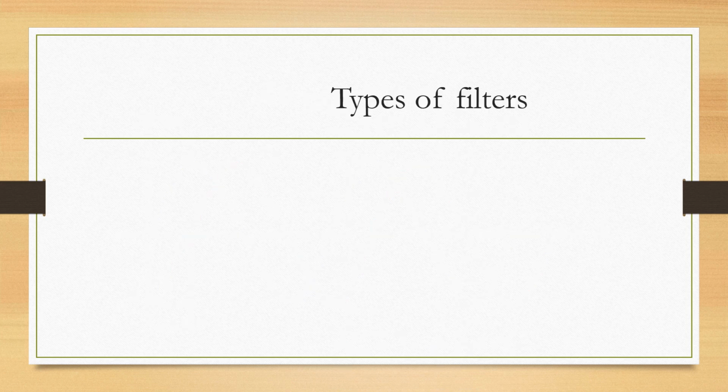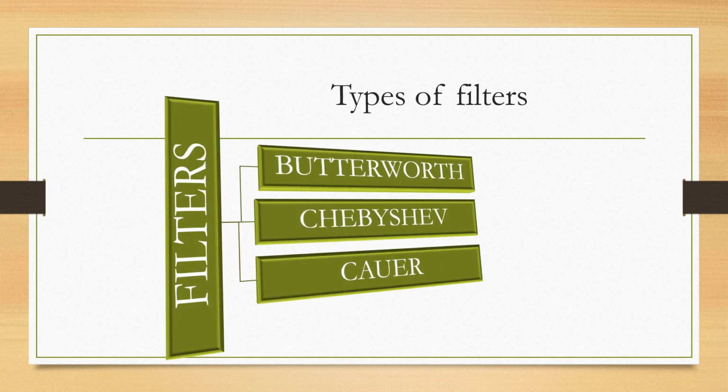Moving on to the last part, the types of filters. Normally, the filters are classified into mainly three types: the Butterworth, the Chebyshev and the Cauer filter. These filters are mainly classified depending upon the frequency response of the filters.